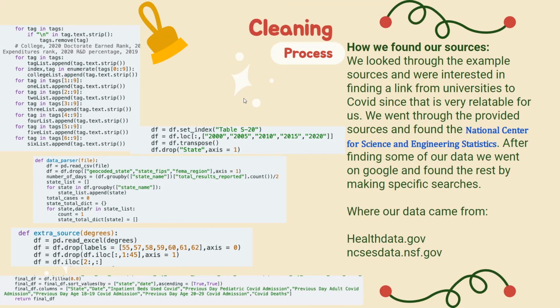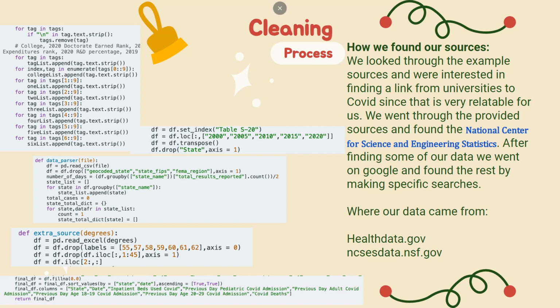And so here's our cleaning process. How we started looking for our sources was we were looking through the examples and we were looking for something that interested us and we could relate to, and we ended up stumbling upon the National Center for Science and Engineering Statistics, where we found some data that we didn't end up using but piqued our interest and helped us specify our searches and narrow down what we were looking for, where we ended up finding our data on healthdata.gov and ncsesdata.nsf.gov.